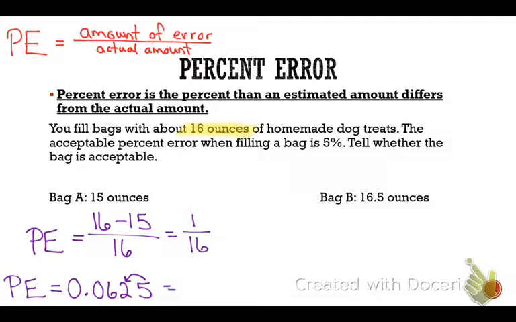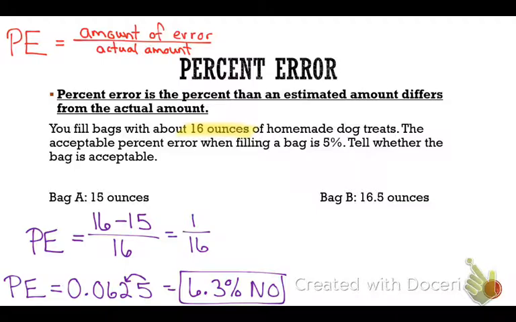And then when I move my decimal to the right 2 places, this is approximately 6.3%. So am I within the acceptable amount or margin of error? No. All right, so I'm getting in trouble if I'm the one that bagged that dog treat bag. So my answer is no, I'm not within the acceptable error margin.